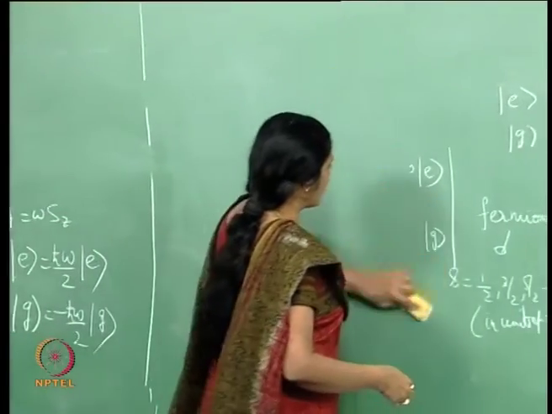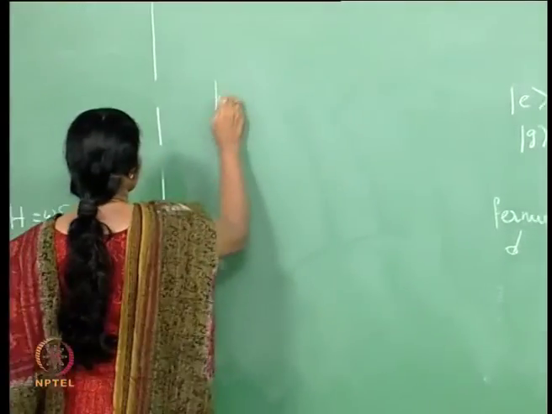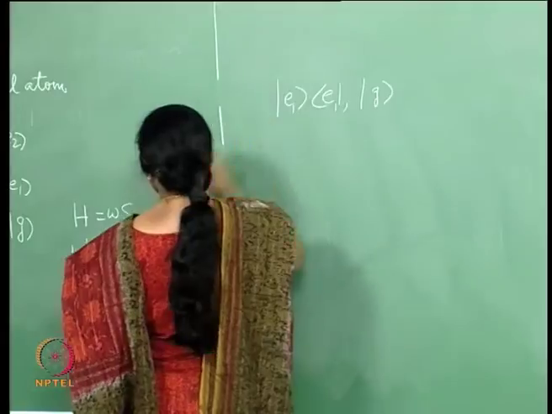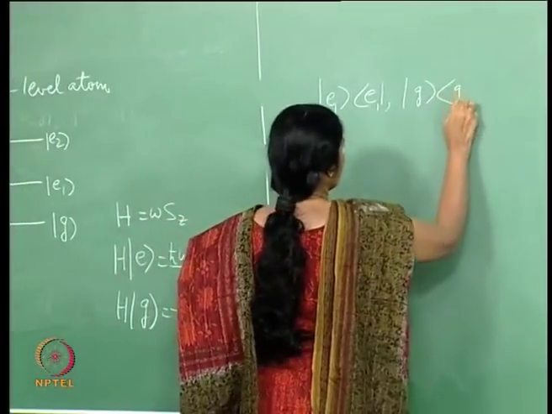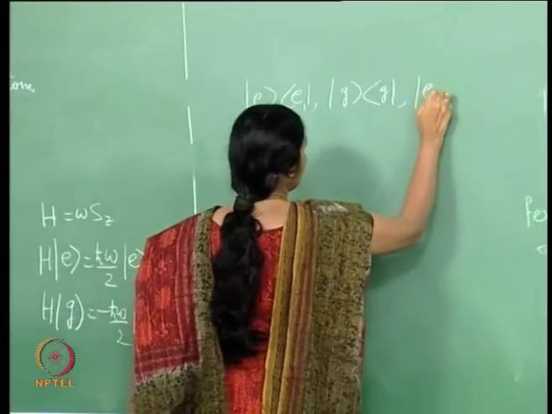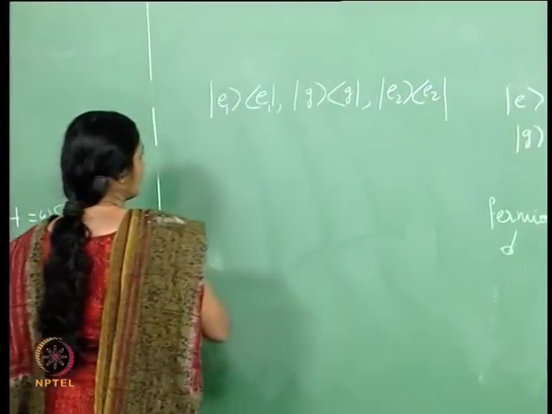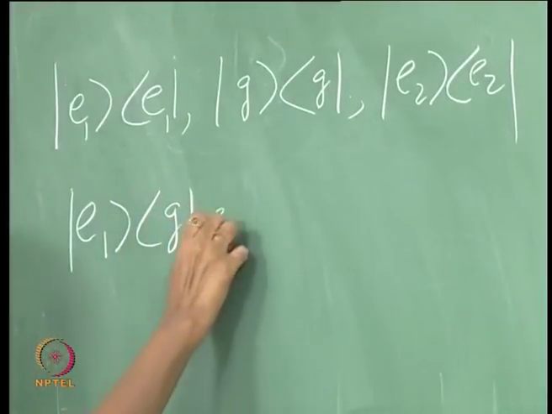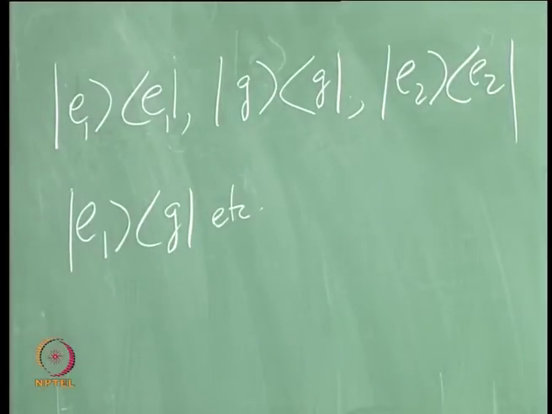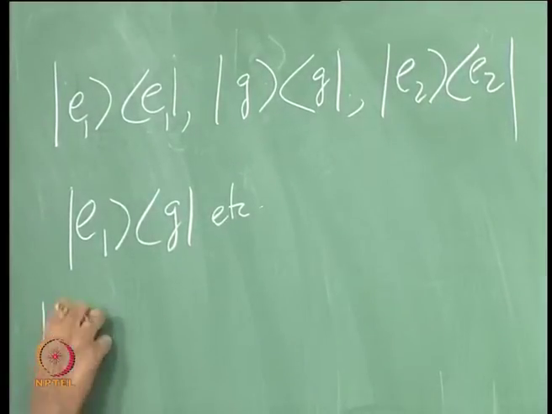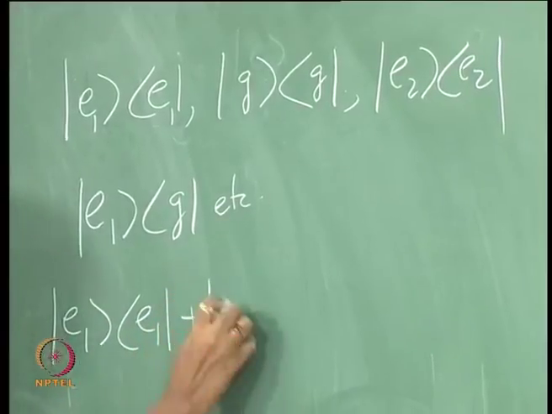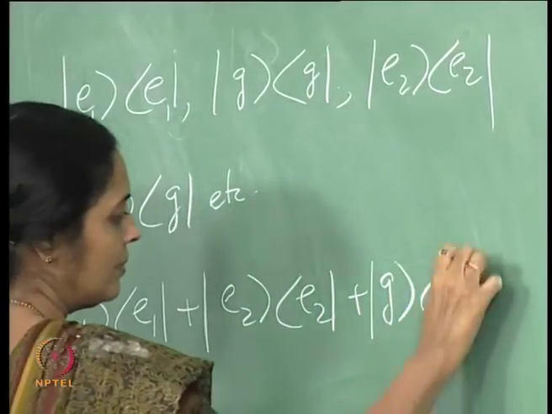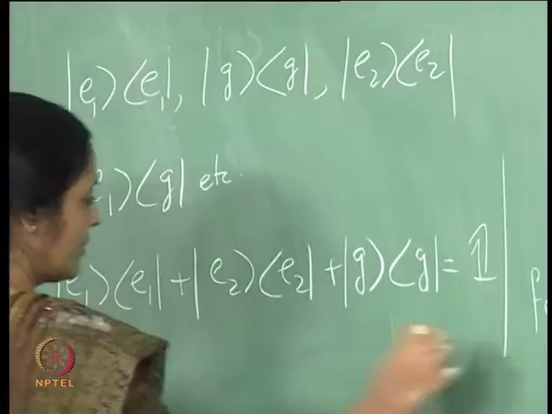I have a set of operators as before, EE, E1 E1 to show that this is the first excited state, GG, and E2 E2, and non-Hermitian combinations of this kind, E1G, etc. The completeness relation in this case would simply mean that E1E1 plus E2E2 plus GG is really the identity operator.